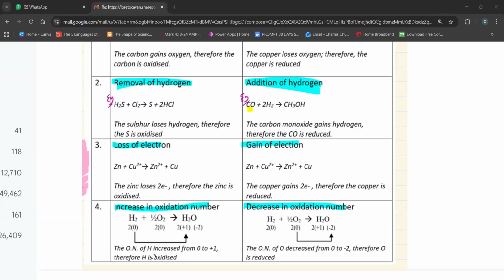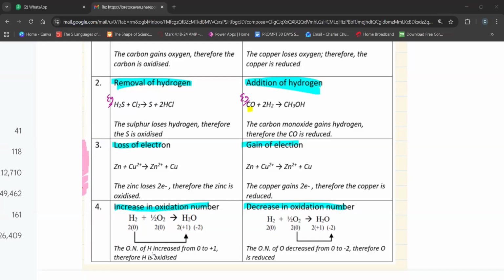Loss of electron, gain of electron. Zinc is oxidized.